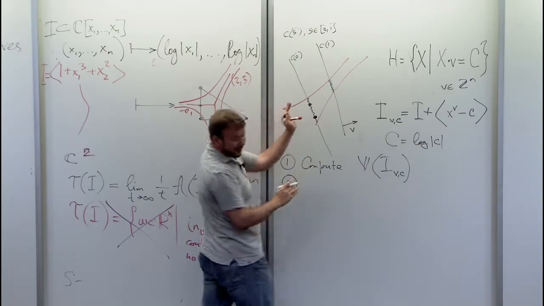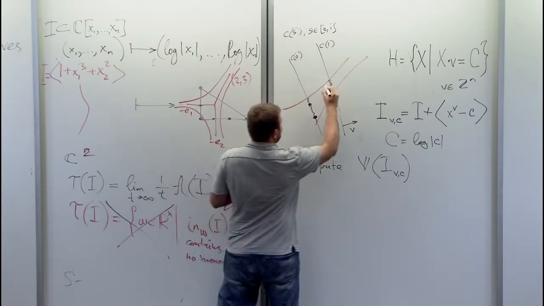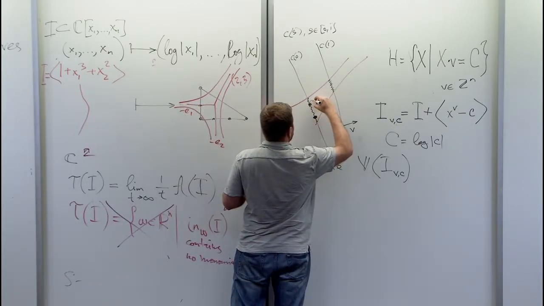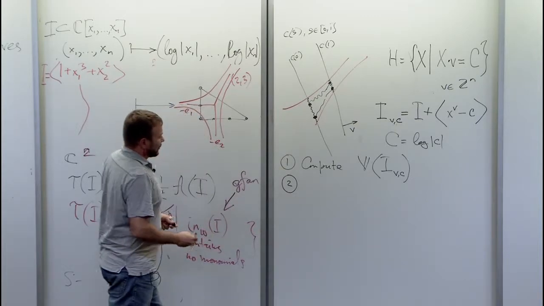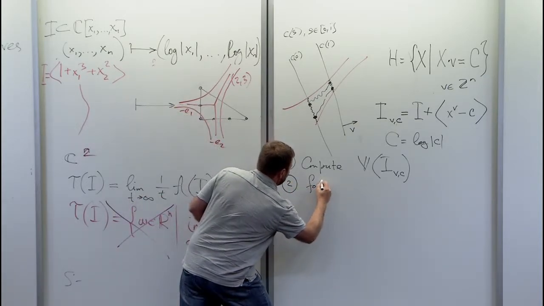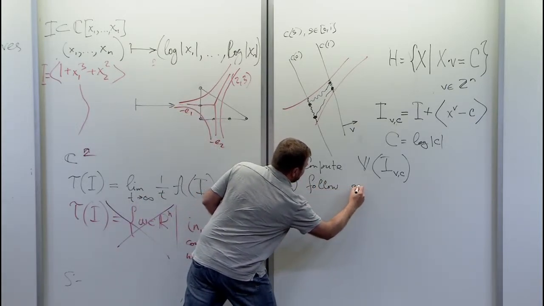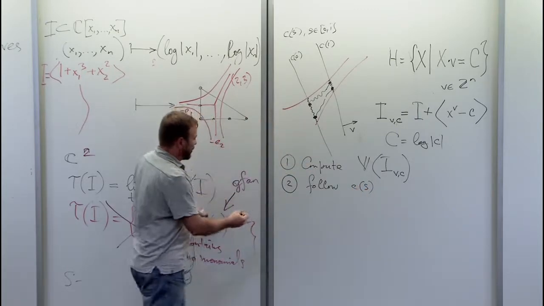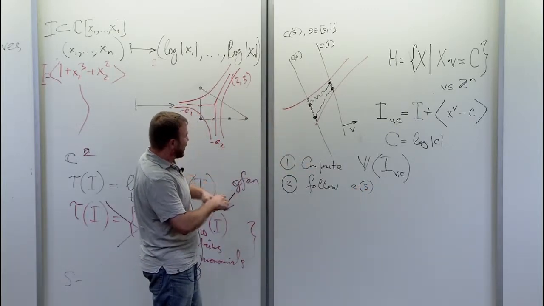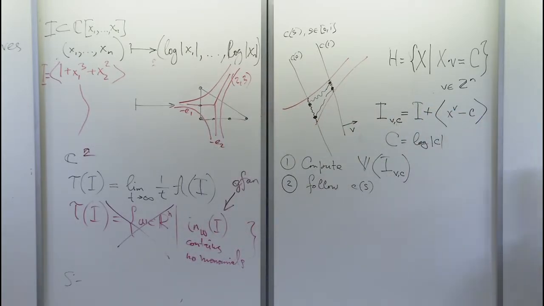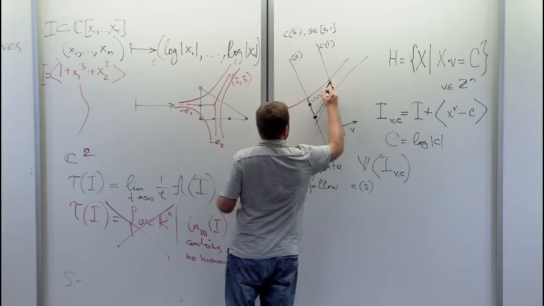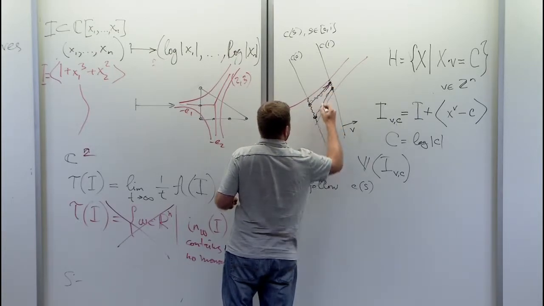Then it guarantees that you stay in the same tentacle, and you would end up, well, there are some paths that lead you here. So follow the homotopy c(s). And finally, what you would do, you would just compute the differences between the endpoints.